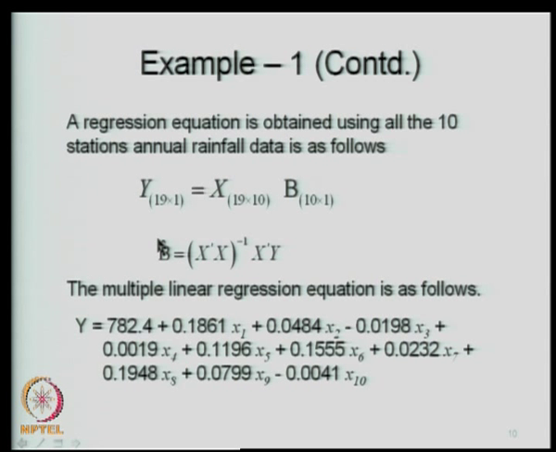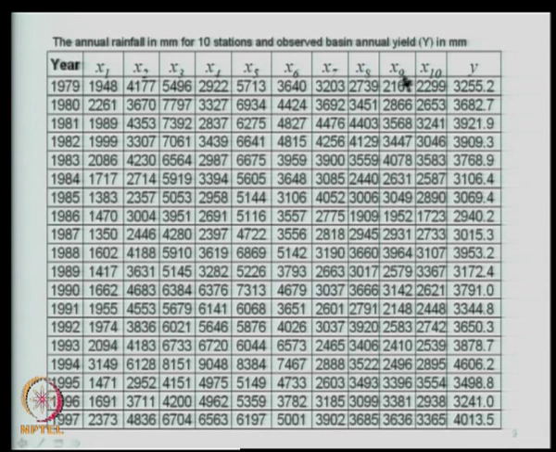To demonstrate the usefulness of the principal components, first we will use all of these 10 variables as they are and develop a multiple linear regression between y and these 10 variables. We will not do any principal component analysis to begin with.